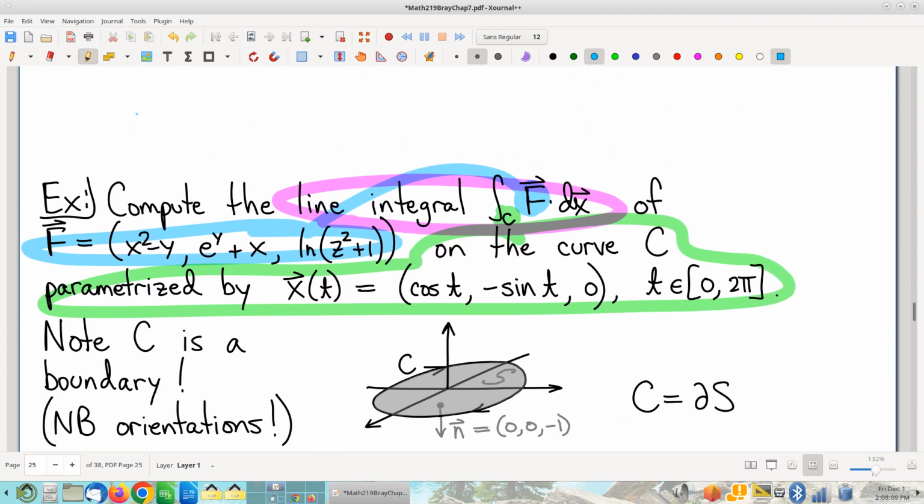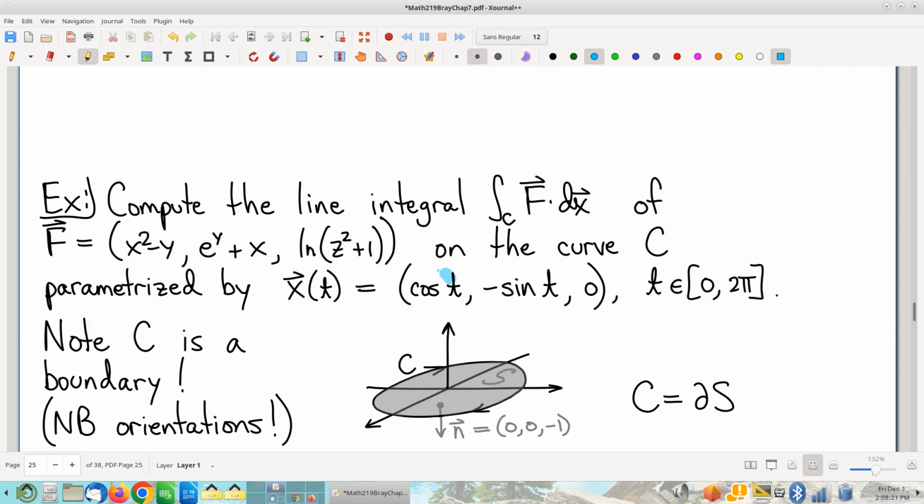Before we get to using Stokes' theorem on this, let me tell you why I want to use Stokes' theorem here. If we were to use a pullback, notice how ugly that would be, because this right here is my x, which means it's going to go there, and this right here, that's my y, that's going to go there, but even worse, there.